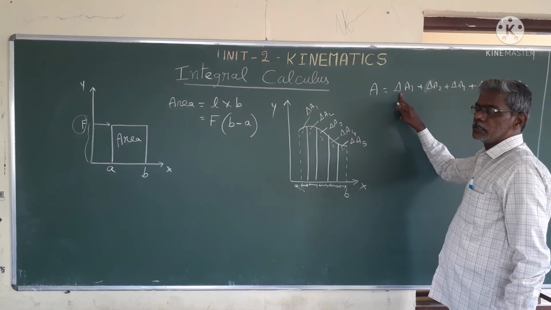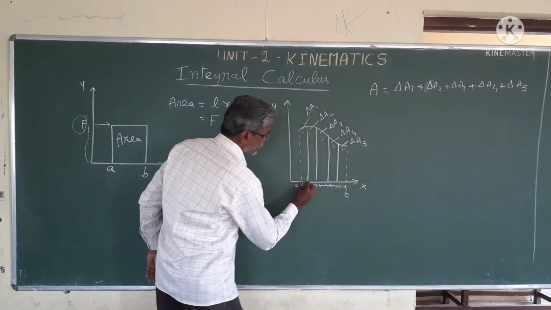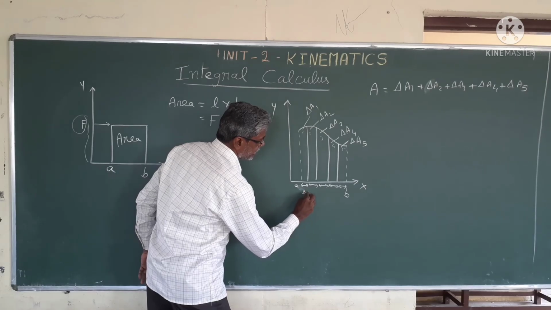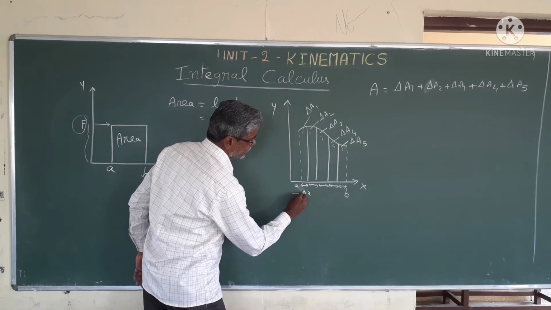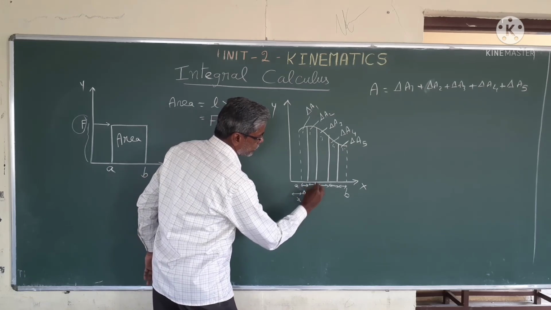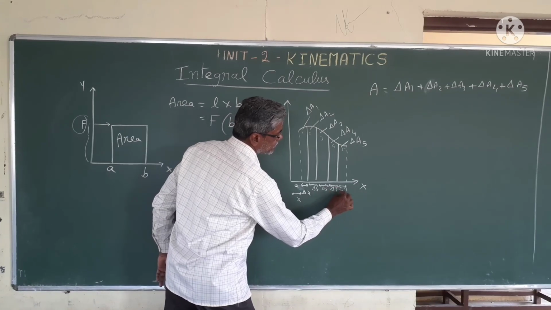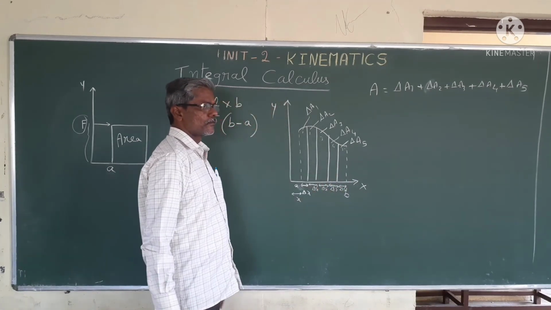Area is nothing but length into breadth. Here, let us consider the breadth to be delta x, from the initial position x. So for each one, the breadth is delta x.